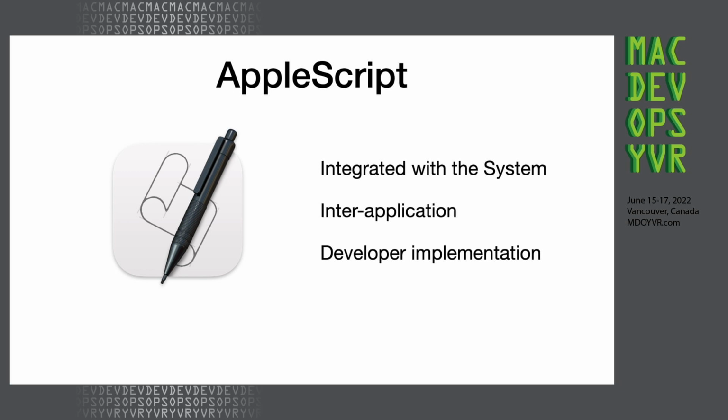And this includes Apple as an application developer, because modern Apple applications leave a lot to be desired sometimes with regards to AppleScript automation. It's kind of a sad state with modern Apple apps.